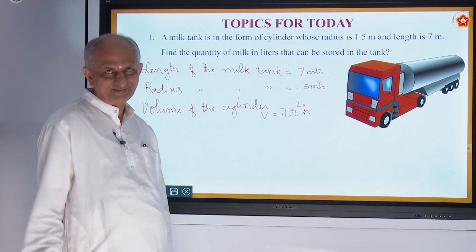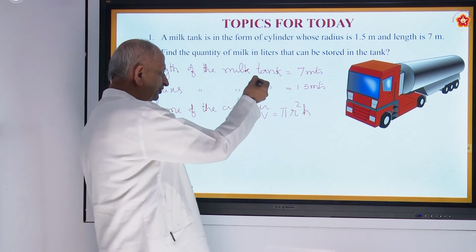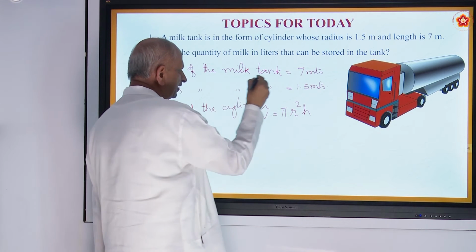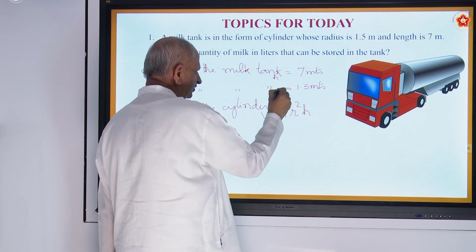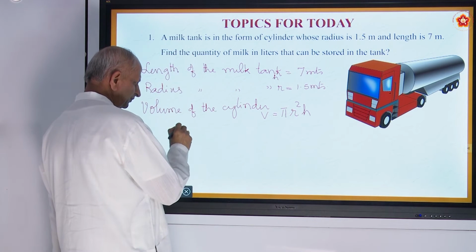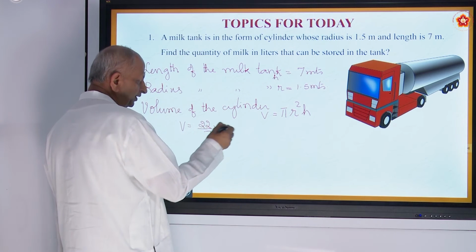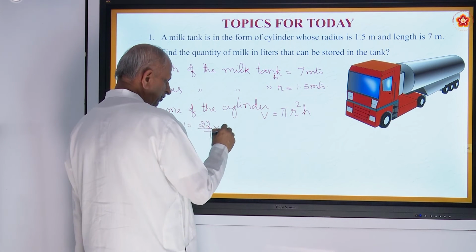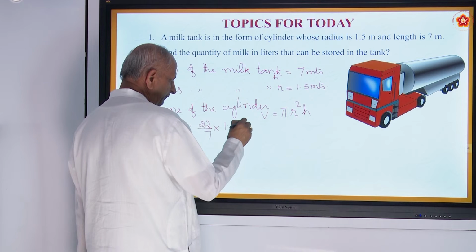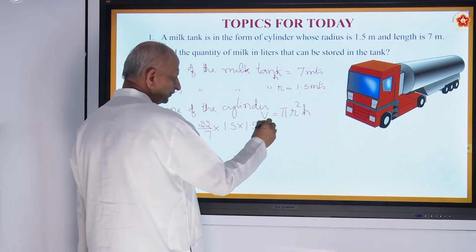What is r? Radius. What is h? H here refers to length. What is the value of pi? 22/7 into r square, 1.5 into 1.5 into h, 7.